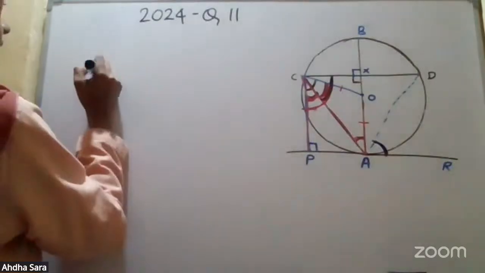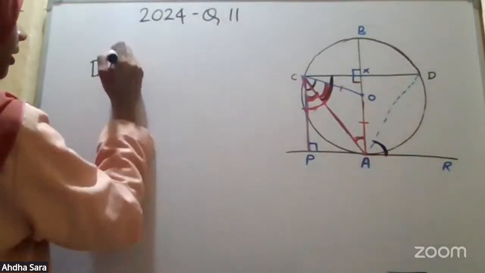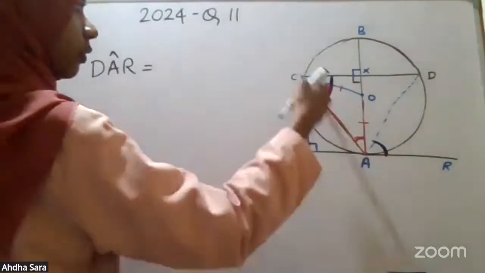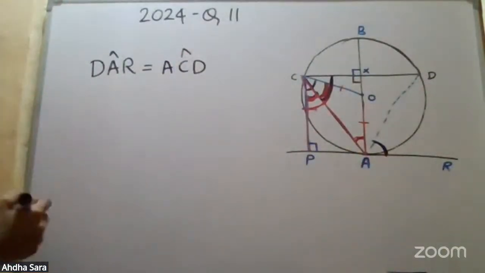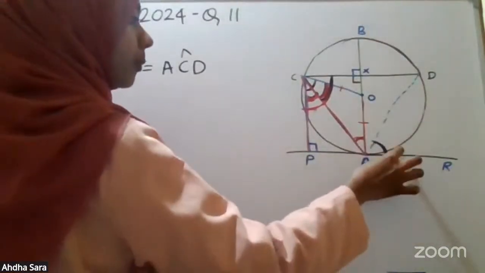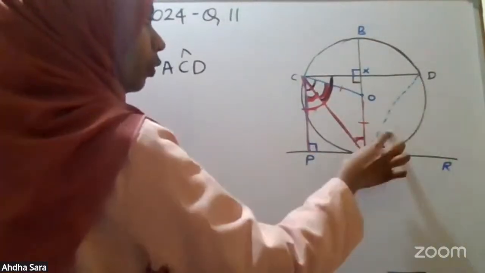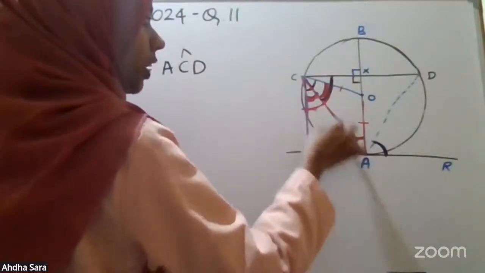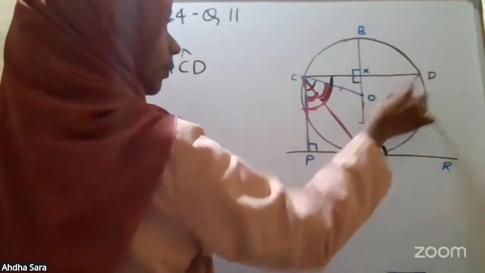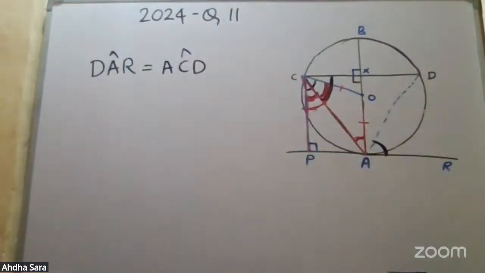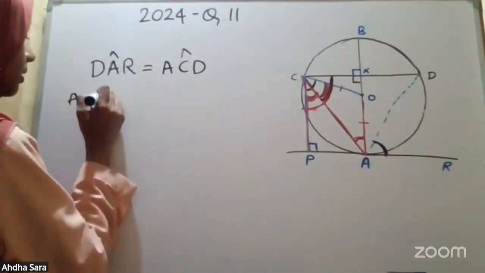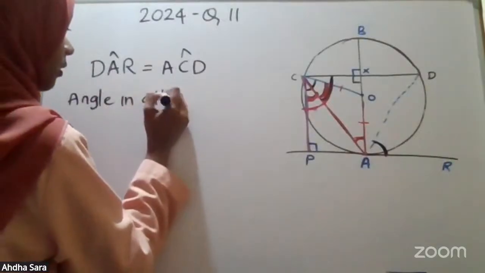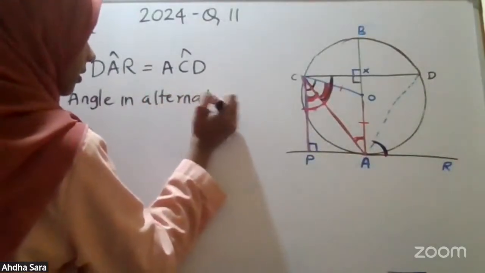So DAR will be equal to the angle ACD. The angle formed between the tangent and the chord is equal to the angle formed by the same chord in the alternate segment. So you can write the reason: angle in alternate segment.